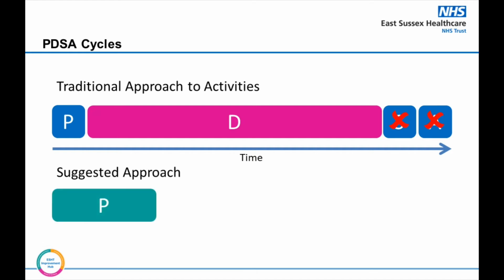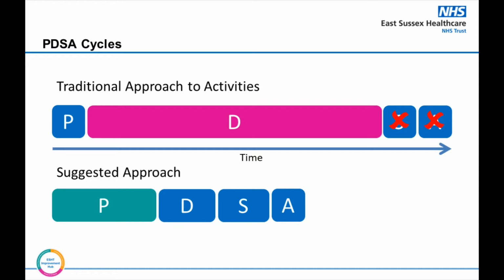In the PDSA approach, we take slightly more time in planning and thinking about different ideas that might help. And then after we've implemented them, we look more closely at what worked and what didn't and whether we want to adopt things. This means that when we move on to making decisions about what to roll out at scale, we're better informed. As a result, we're likely to encounter fewer problems and might actually save time overall.